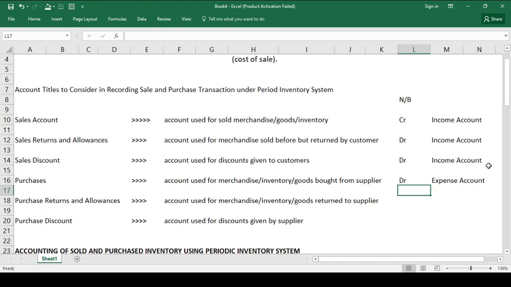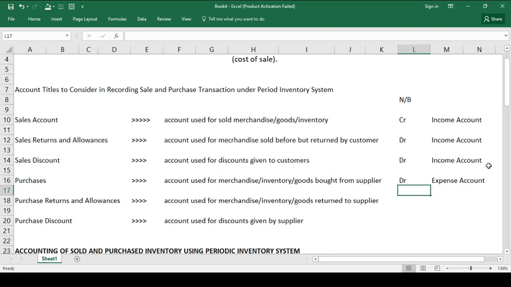We have naman tinatawag na purchase returns and allowances. Parang pareho siya sa sales returns and allowances. However, the purchase returns and allowances is from the perspective of the buyer. So, this is an account used for merchandise, inventory, or goods returned to the supplier.